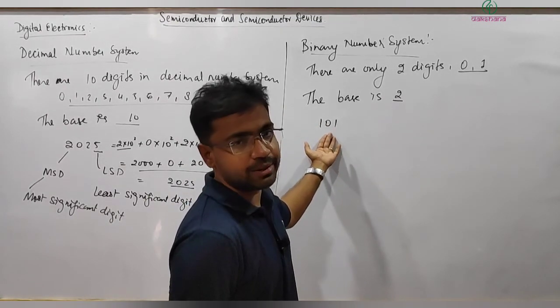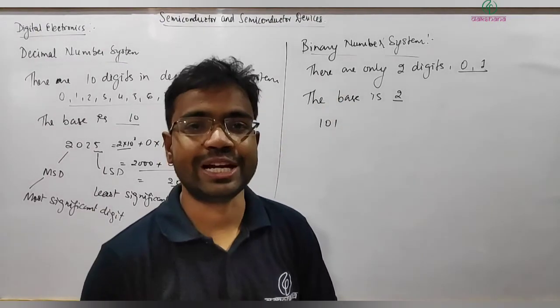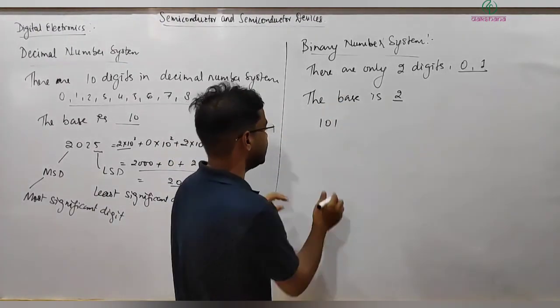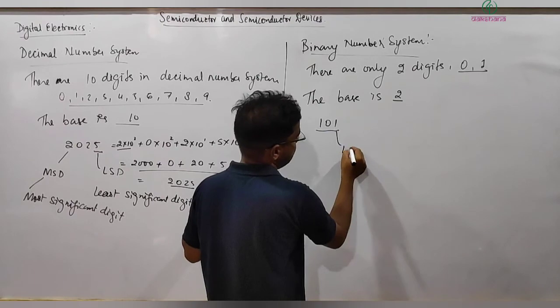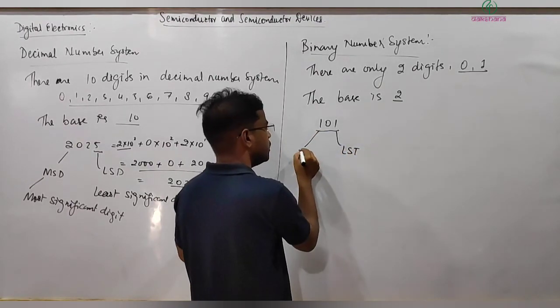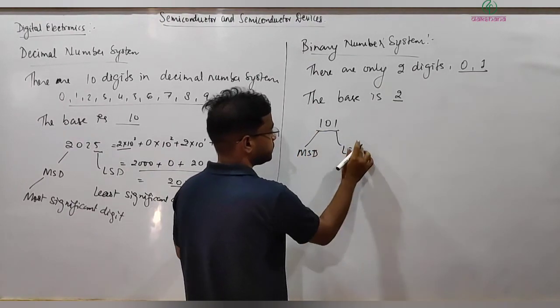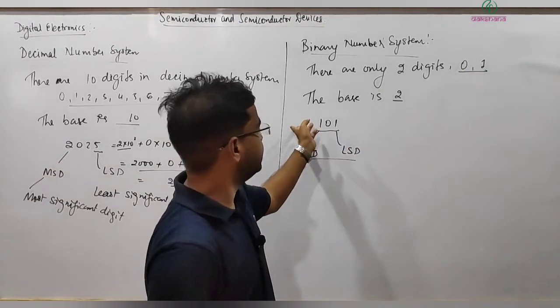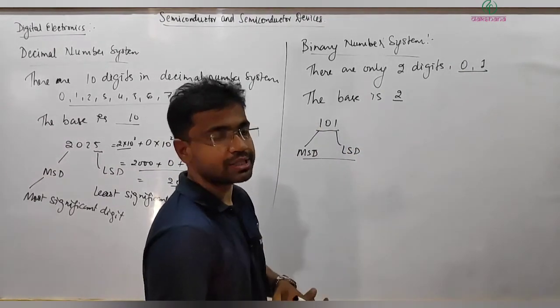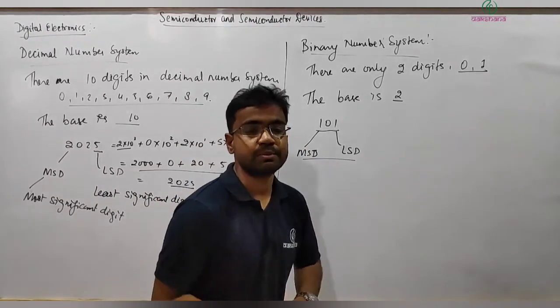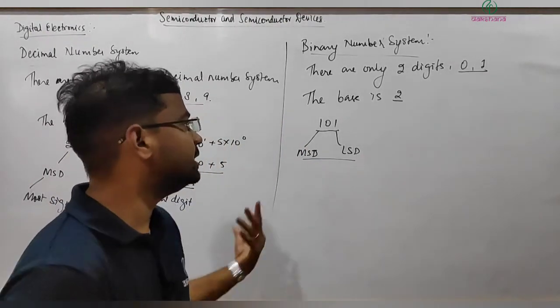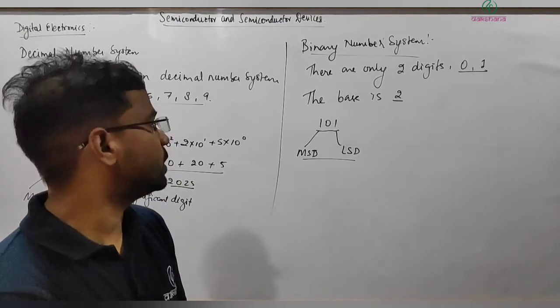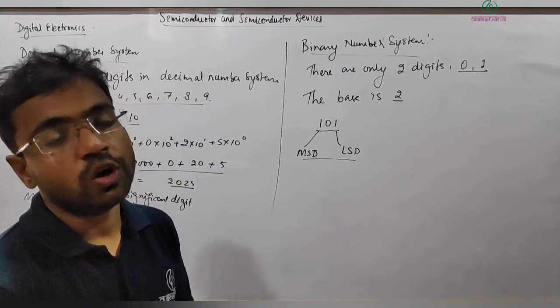This is a binary number, and we can convert it into the decimal number system. Here also this is the least significant digit and this is the most significant digit. There is a process to convert this binary number into decimal, and similarly another process to convert decimal to binary.